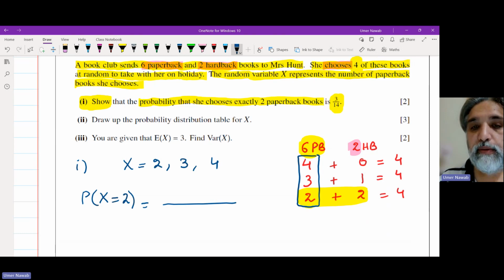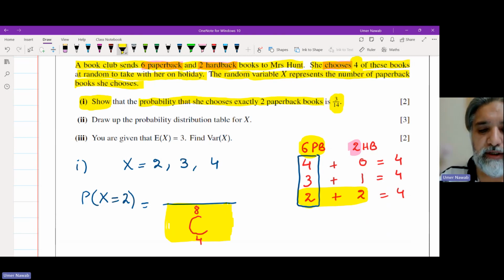You remember when we write the probability, we always write in the denominator the total without restriction. Without restriction means how many total books she has. She has 8 books and she wants to pick 4 from them. So the denominator is always without restriction. Restriction will be seen in the numerator, which is related to x equal to 2.